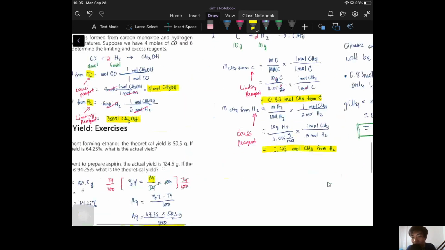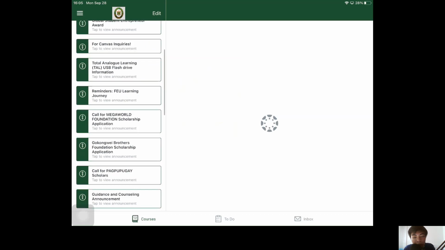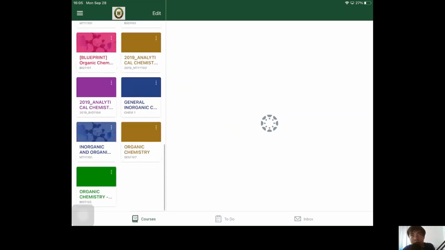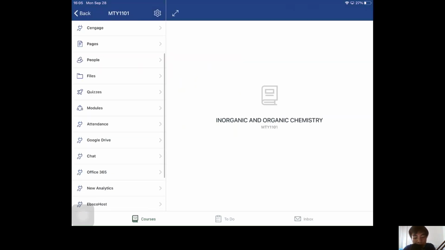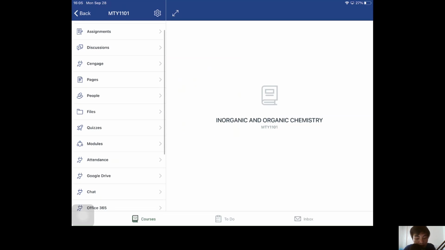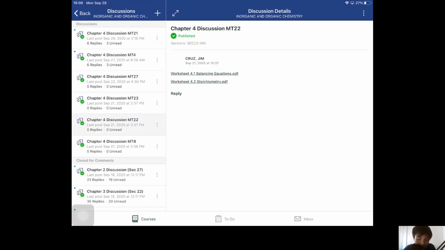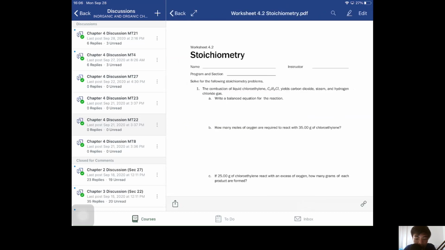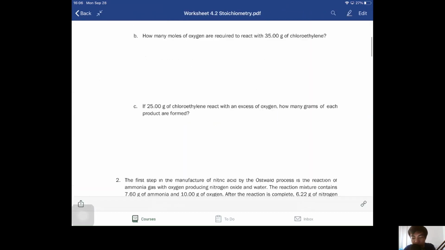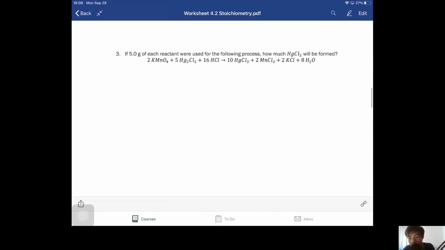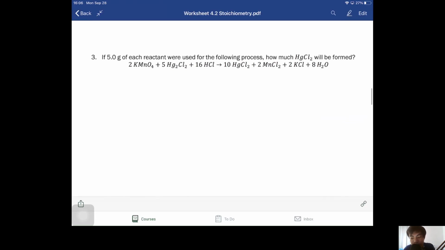So, what is your task? I want you to answer some of the items here in the time discussions. For example, this is a limiting and excess reagent problem.